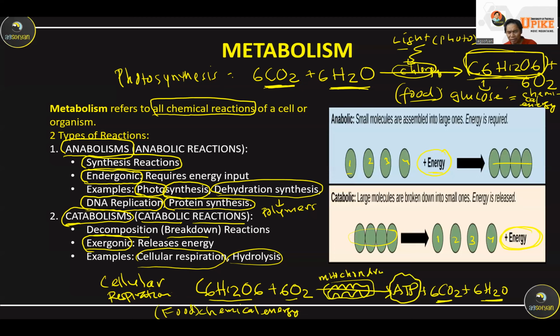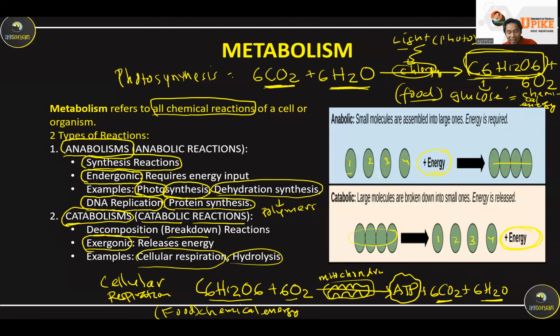Bacteria have the ability to make ATP with other processes. They do not require mitochondria to produce ATP. If you take microbiology, the instructor will explain how bacteria make ATP without mitochondria.